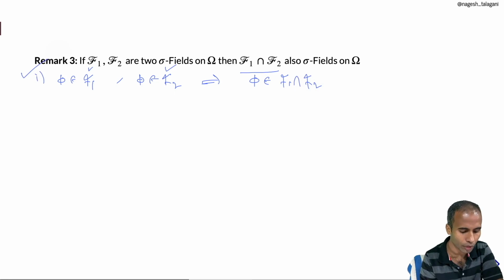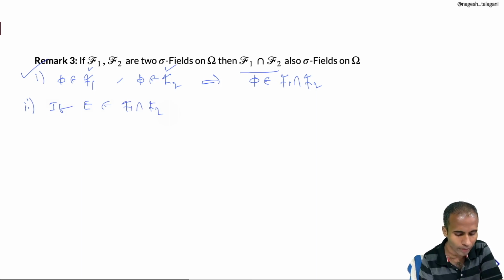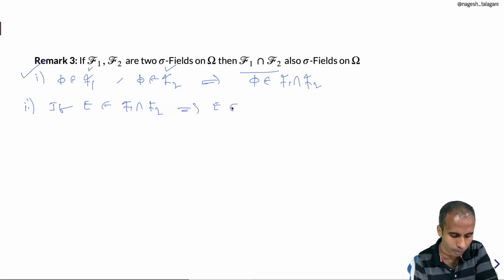Next, condition 2. To check condition 2, if E is a candidate from script F1 intersection script F2, then I want to show E complement is also a candidate from script F1 intersection script F2. E sitting in both script F1 and script F2 means E belongs to script F1 as well as E belongs to script F2.